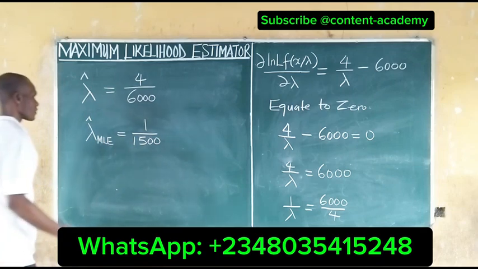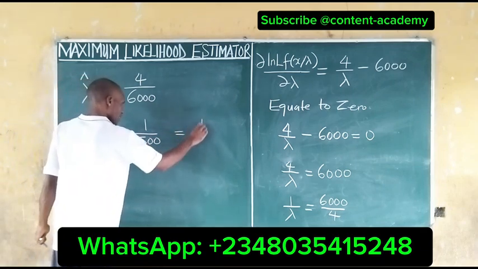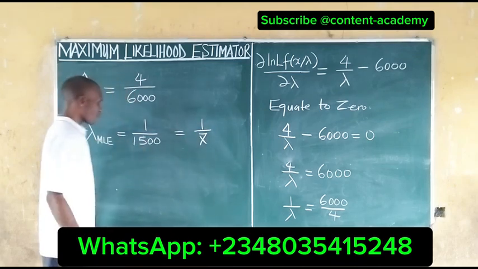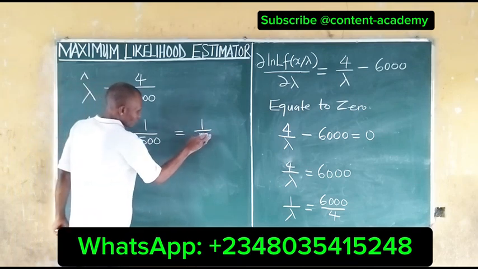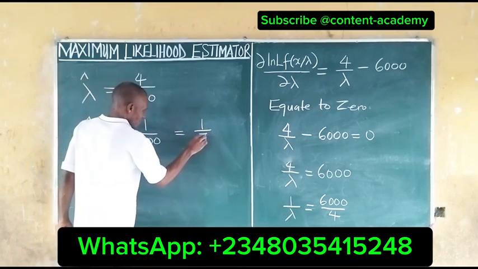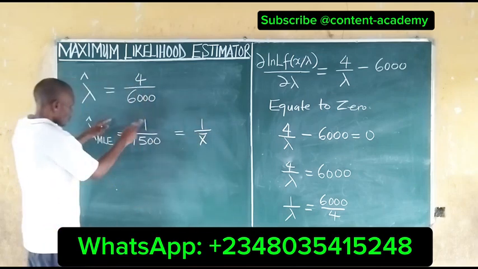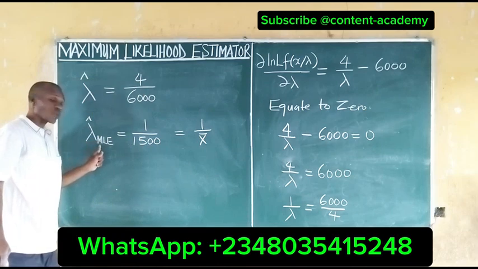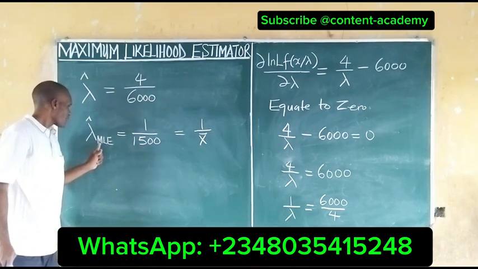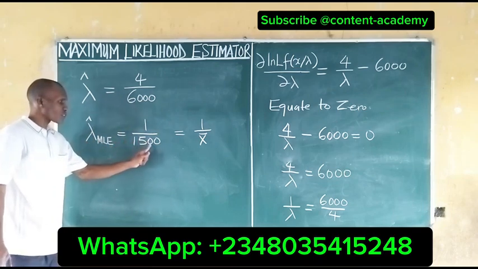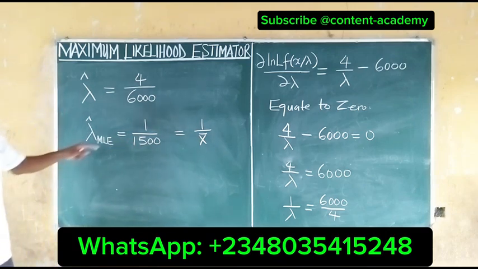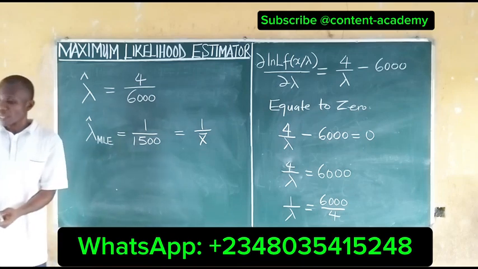If we remember, from our normal distribution, we got it as 1 over mu. So the same thing is applicable here. As we are asked to estimate lambda, the maximum likelihood estimator for lambda is 1 all over 1,500. That becomes our answer.